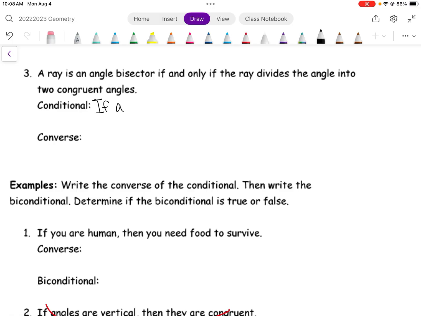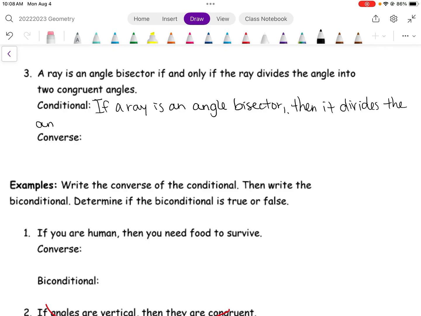So, if a ray is an angle bisector, then it divides the angle into two congruent angles. I shortened it by using some symbols.